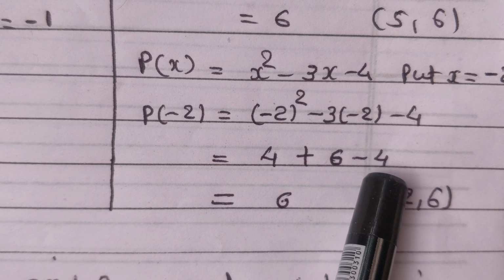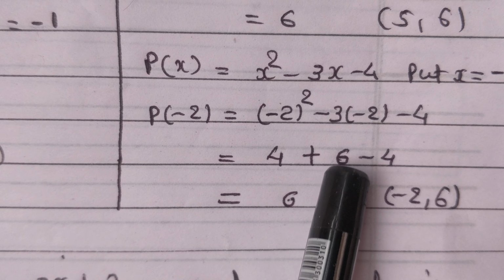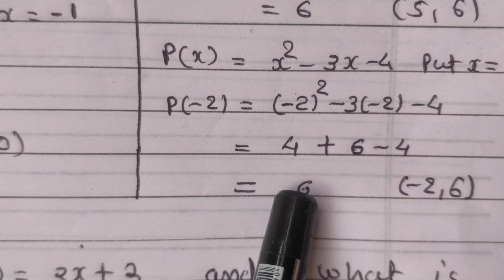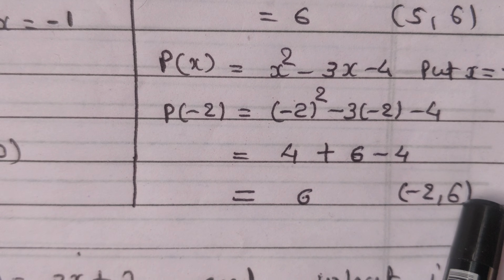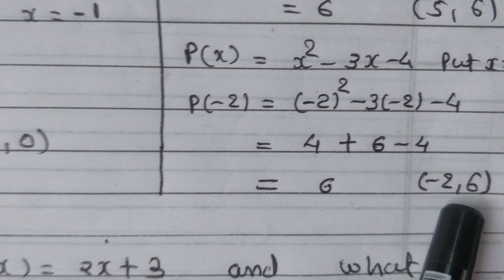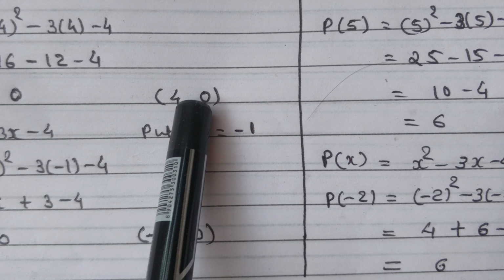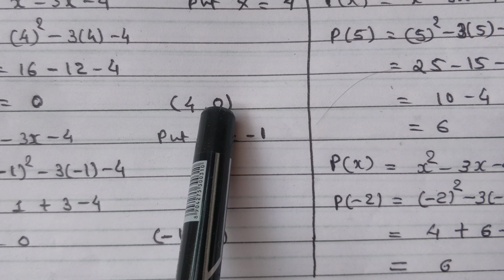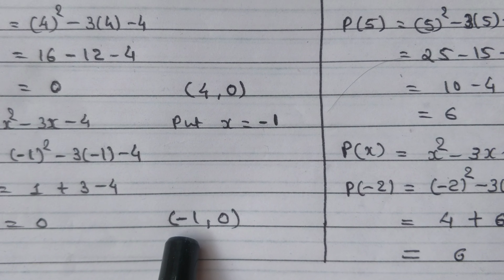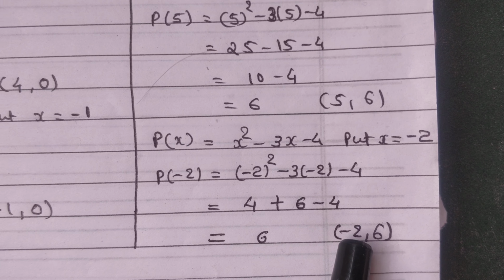But the simplest way is that plus 4 and minus 4 will cancel. So the answer is 6, the y coordinate, and the x coordinate is minus 2. So here we get 4 points: 4, 0; minus 1, 0; 5, 6; and minus 2, 6.